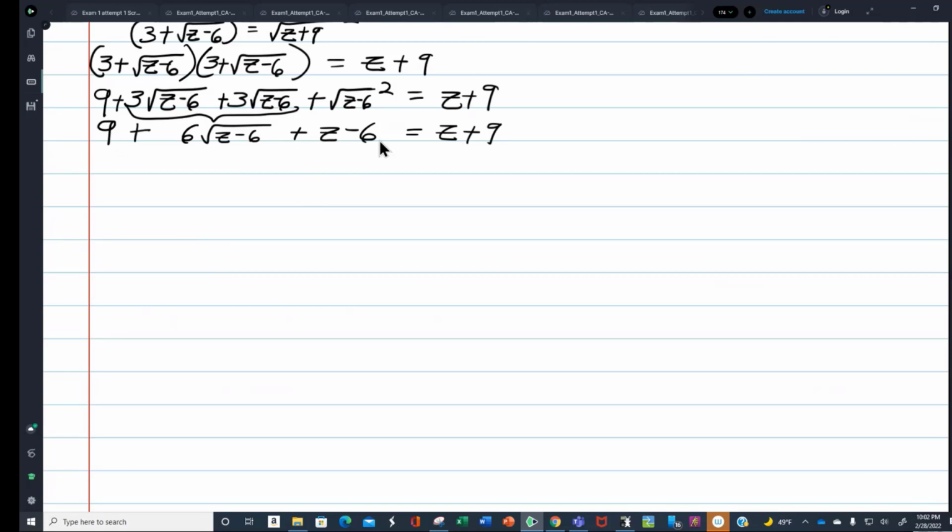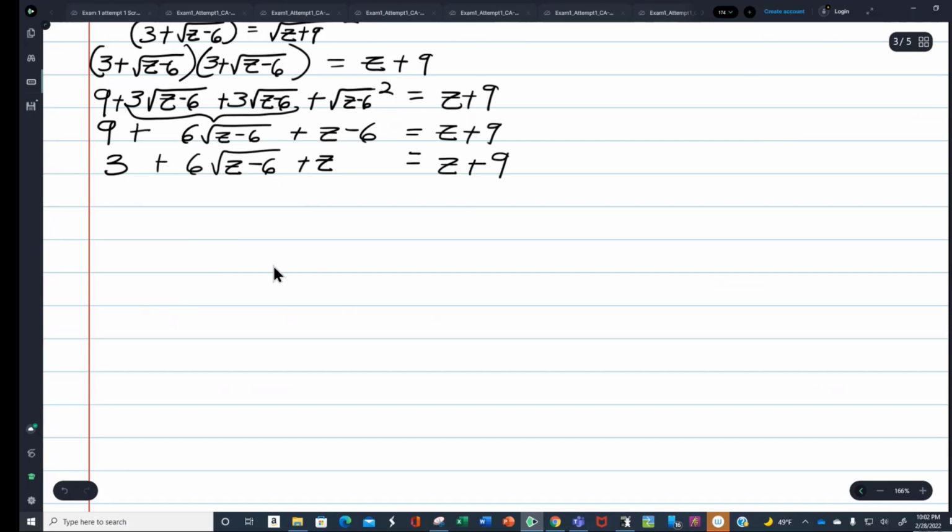And since the 9 and the minus 6 are like terms, they're both constants, I'm going to say 9 minus 6 is 3, plus 6 times the square root of z minus 6 plus z equals z plus 9.